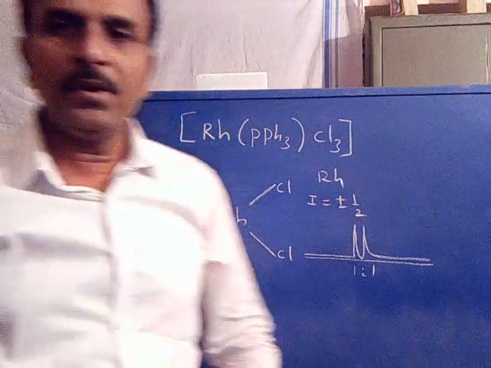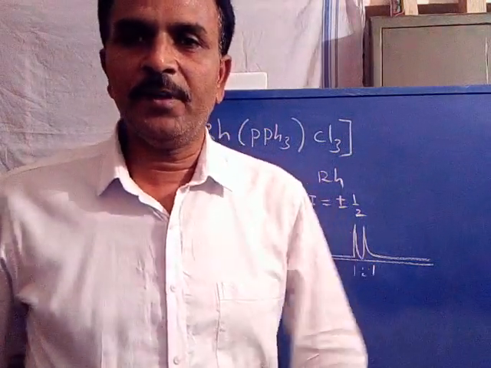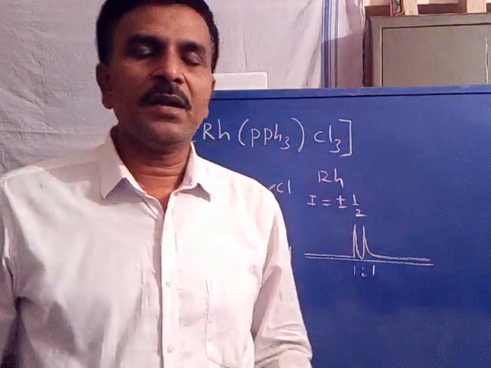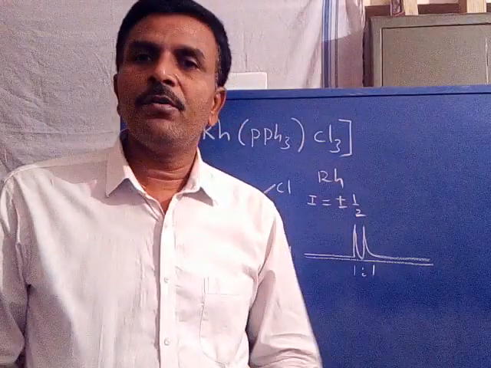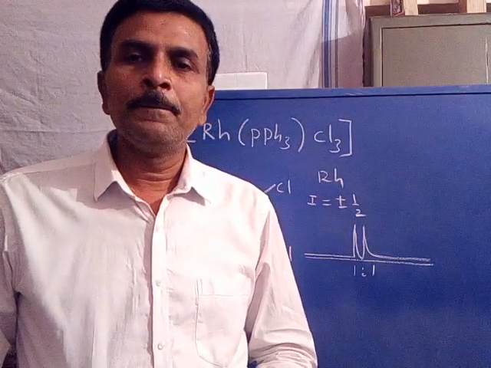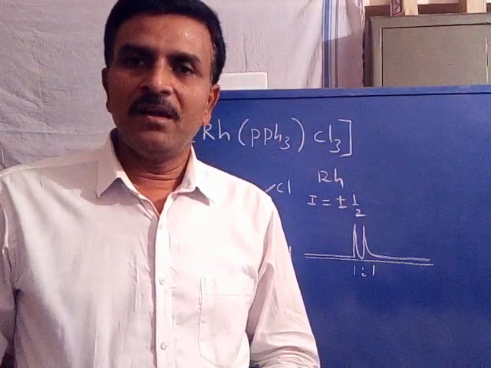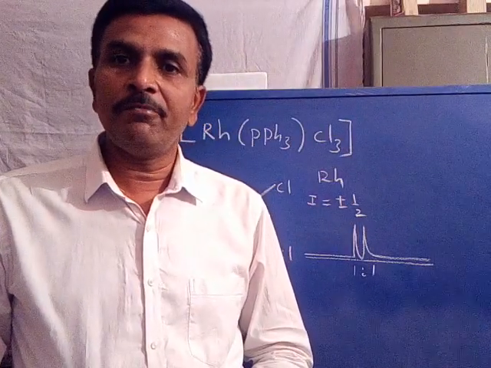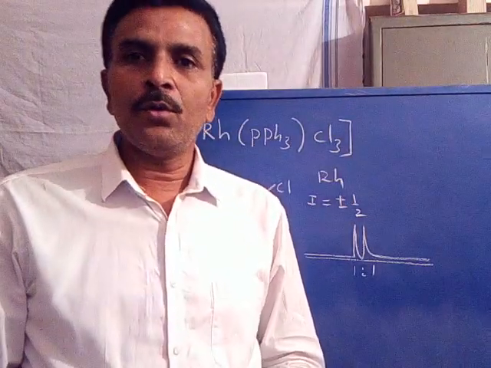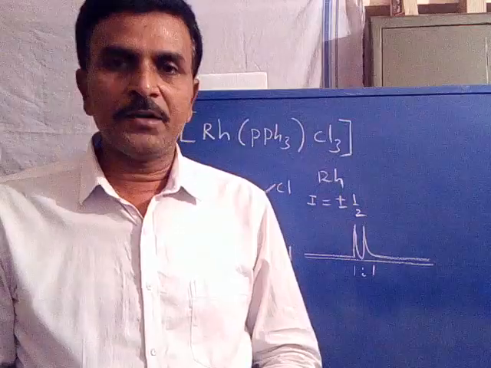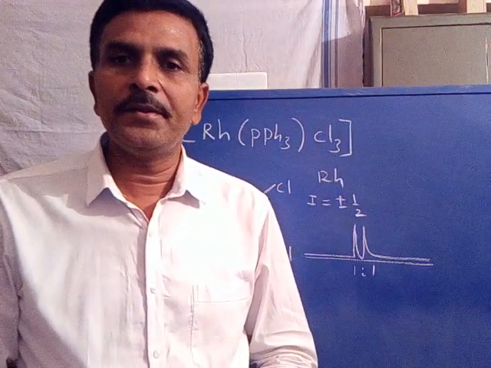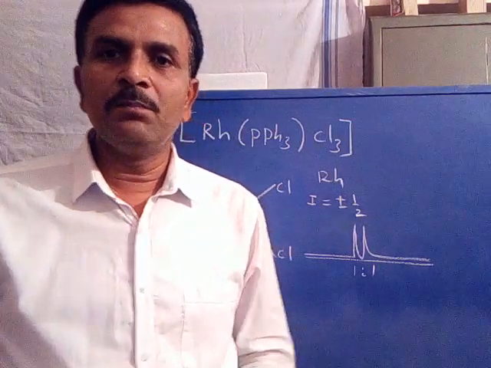So it is a simple phosphorus NMR spectrum. If the complex contains one phosphorus, one signal would be expected, but it appears as a doublet. That is due to coupling of the phosphorus nucleus with rhodium, as it is also spin active. Hence it appears as a doublet.